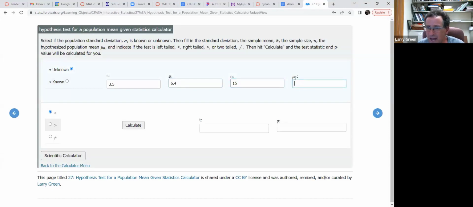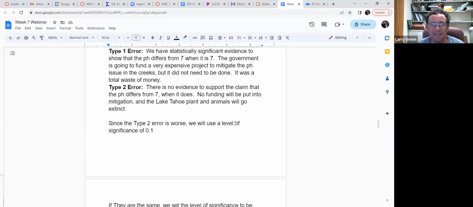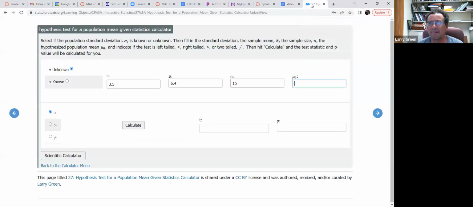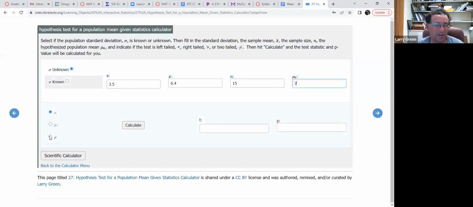And this mu naught is our number in H naught, so in this case, it's 7. Any questions on that? Then less than, greater than, or not equal to. If you go to H1, you see the not equal to, so I put not equal to, and I hit calculate.